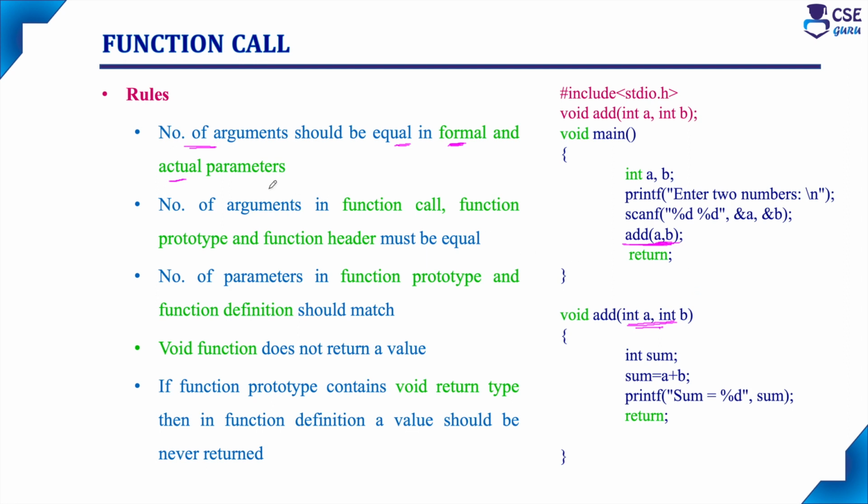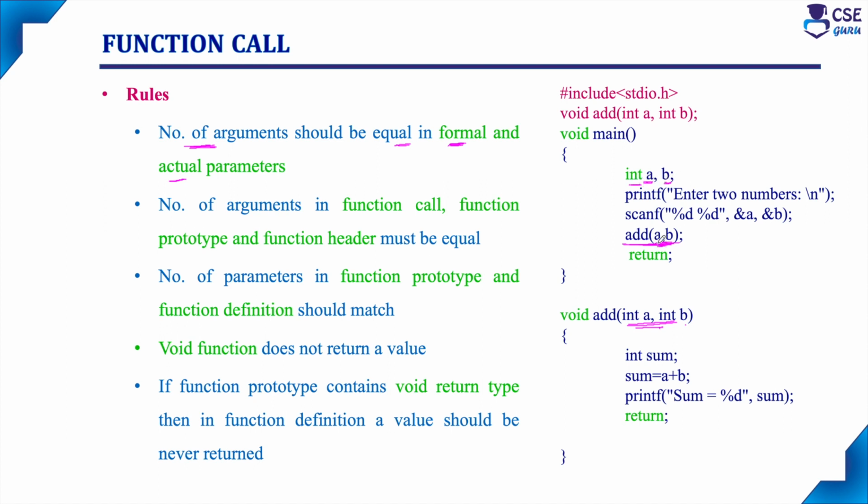So here the number of arguments should be equal. In function call, that is the actual parameter, there are 2 arguments a and b. Similarly, in formal parameter, there are 2 arguments a and b. But in function call, it is not required to specify the data type, because in the main function we have declared a and b as integer data type.